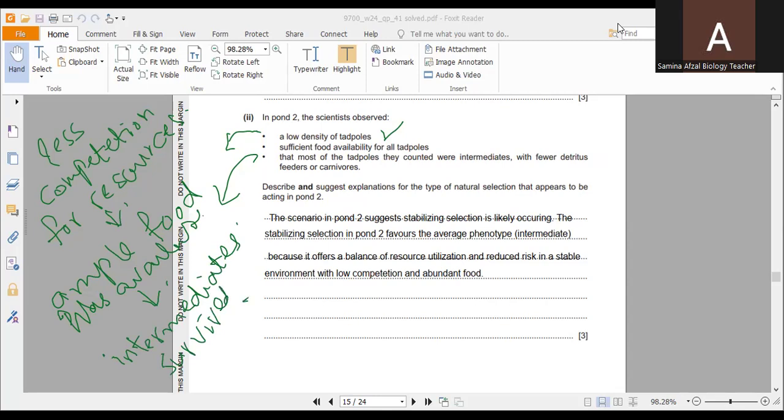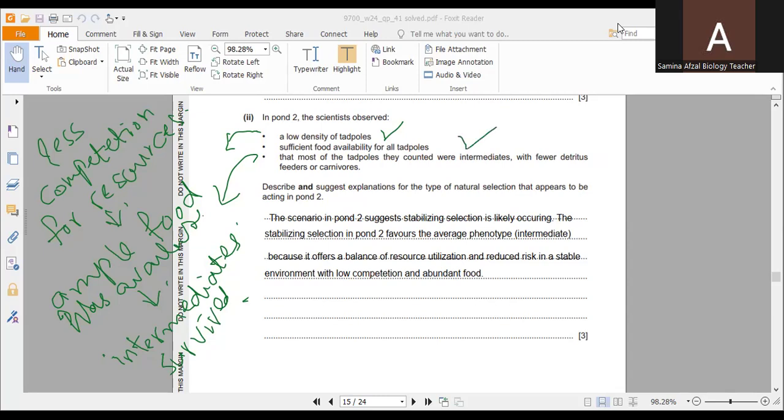So describe and suggest explanations for the type of natural selection that appears to be acting in pond 2. So in the scenario of these three points, that is the low density of tadpoles, sufficient food availability for all tadpoles, and that most of the tadpoles counted were intermediate.